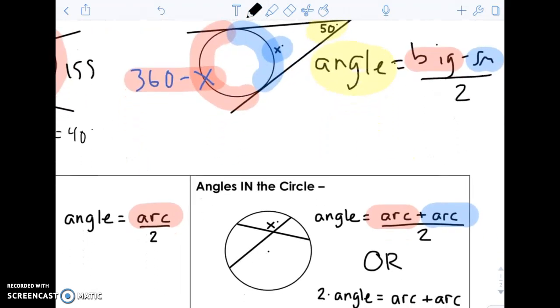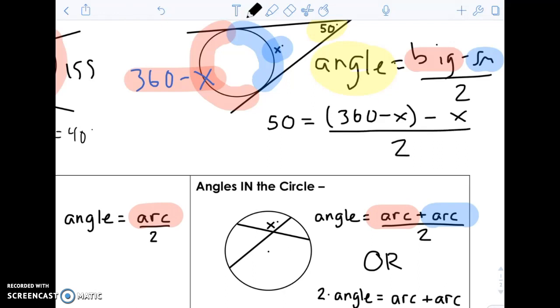The equation would say something like this. The angle is equal to the big arc, which is 360 minus x, subtract then the small arc, which is x, and I put all of that over 2.